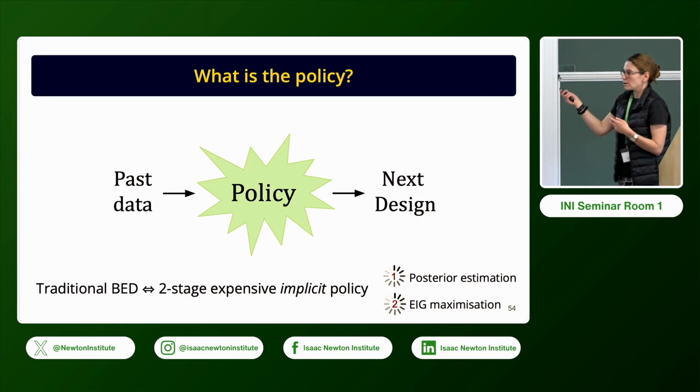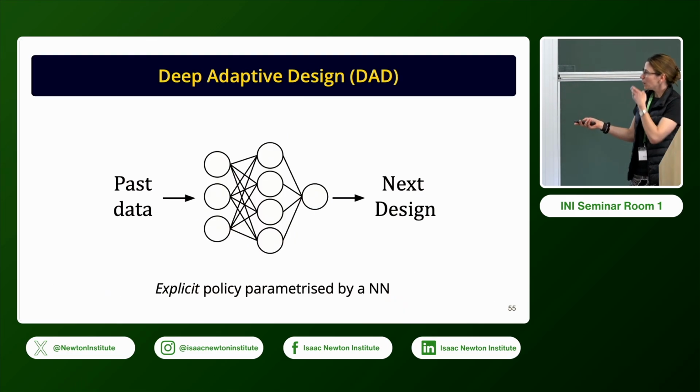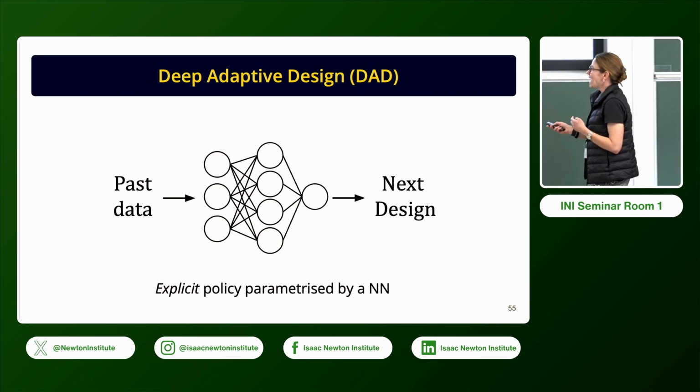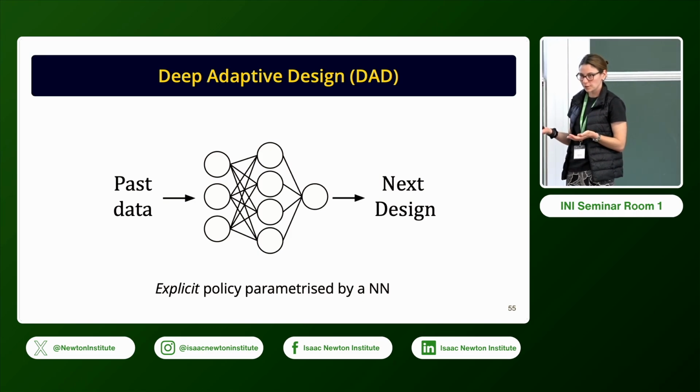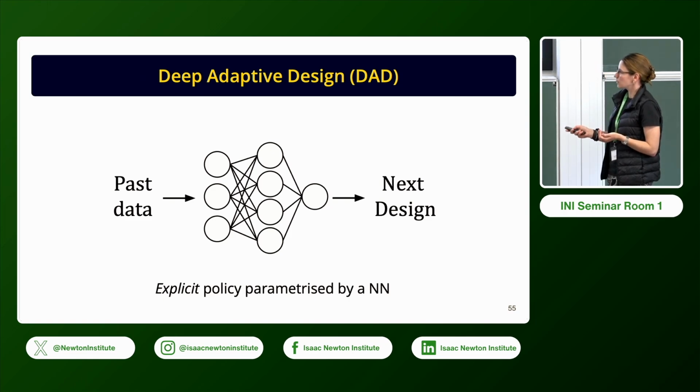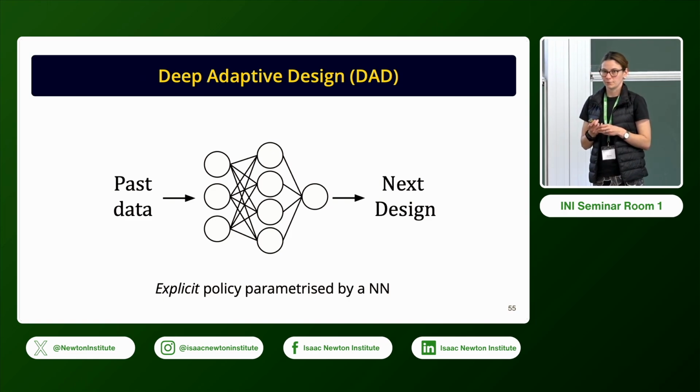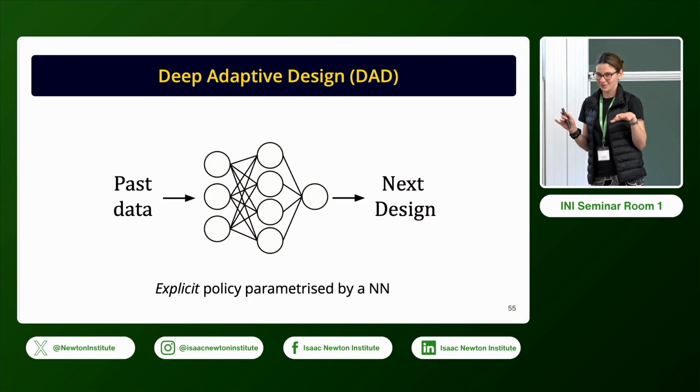Now, what we're going to do instead is introduce an explicit policy that we're going to parameterize with a neural network, that will take our past data and output the next design. Any questions so far? Okay.